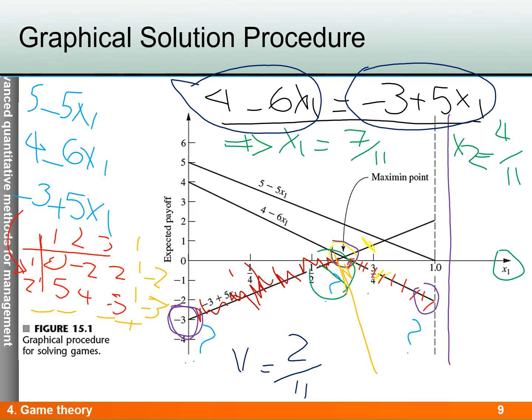It means that player 1 wins 2 divided by 11 units by the mixed strategy of 7 divided by 11 of strategy 1 and 4 divided by 11 of strategy 2, while player 2 loses 2 divided by 11 values of the game. Okay, guys?